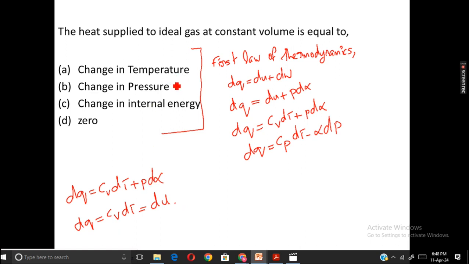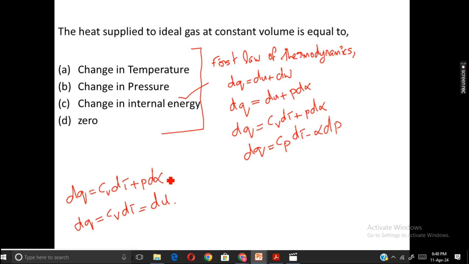So from here, it is basically equal to Cv into dT. Not exactly change in temperature, but change in internal energy. So from here, dQ is equal to Cv dT plus P d alpha.